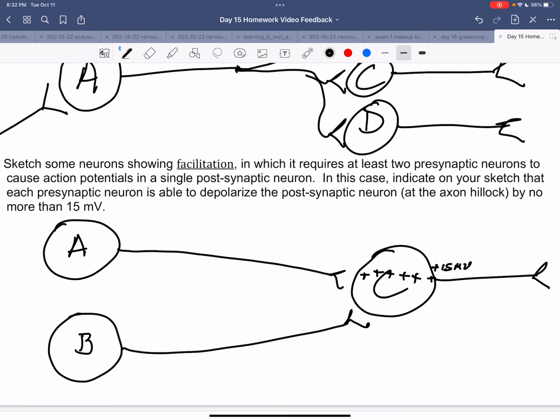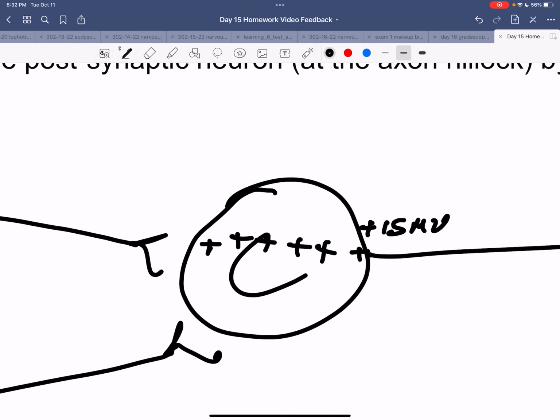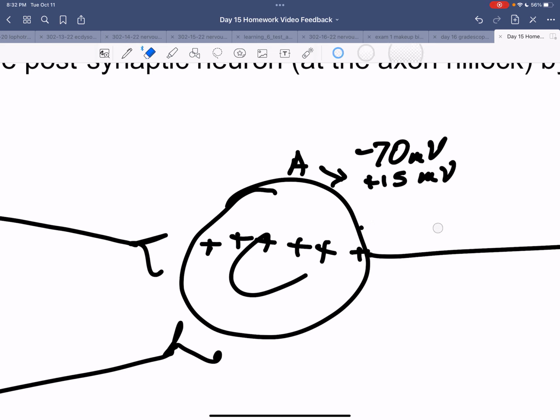In other words, inside here at the axon hillock, we were minus 70 millivolts, but from A, we get plus 15 millivolts. So if we add those together, we're at minus 55 millivolts, not threshold yet.